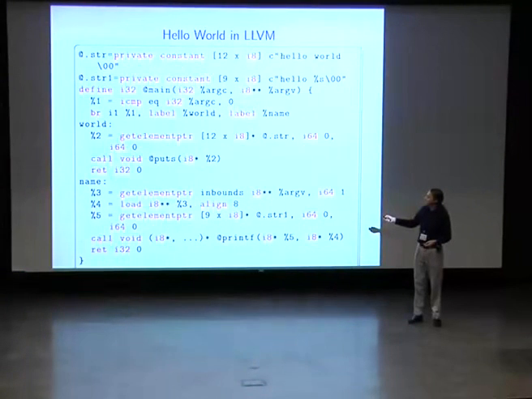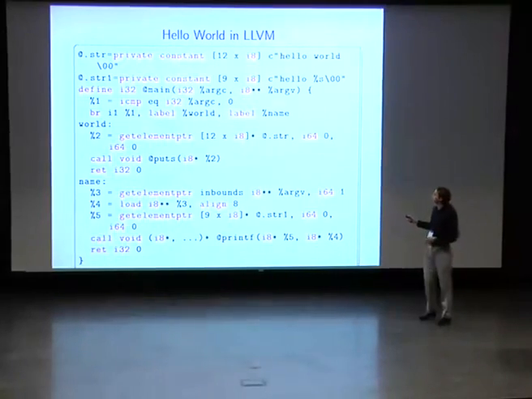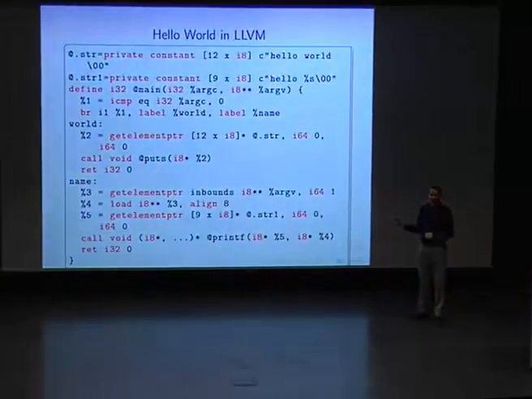Note that it has an explicit null terminator because values in LLVM are just like blobs of memory, so there's no implicit null termination on strings because there are no strings, it's just an array of characters. It gets a pointer to the first element, and I'll explain that a bit more later. And then it just calls the C standard puts function and exits.